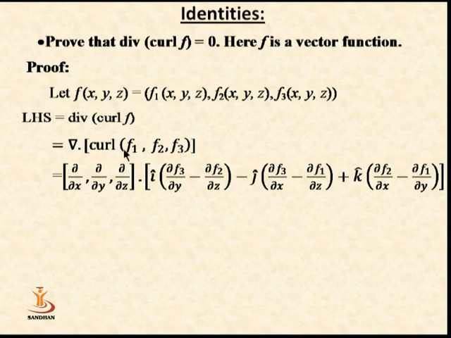Thus the definition of curl F is equal to i (del f3 upon del y minus del f2 upon del z) minus j (del f3 upon del x minus del f1 upon del z) plus k (del f2 upon del x minus del f1 upon del y).